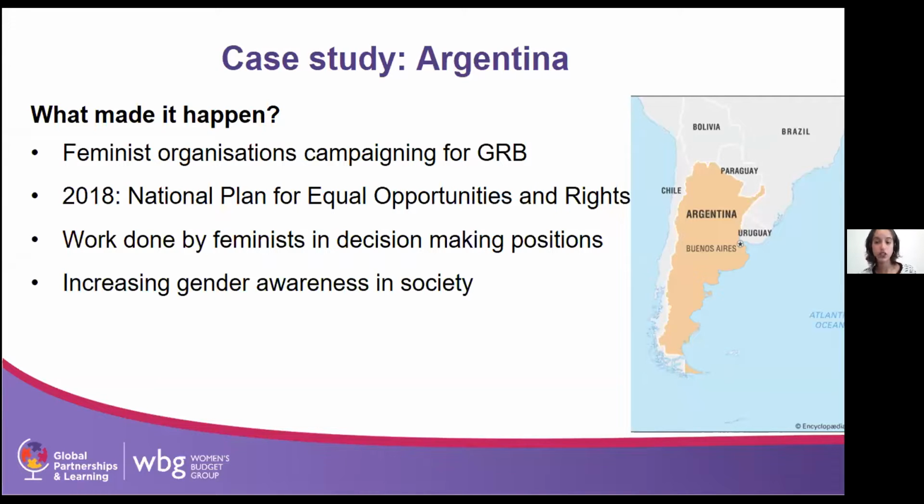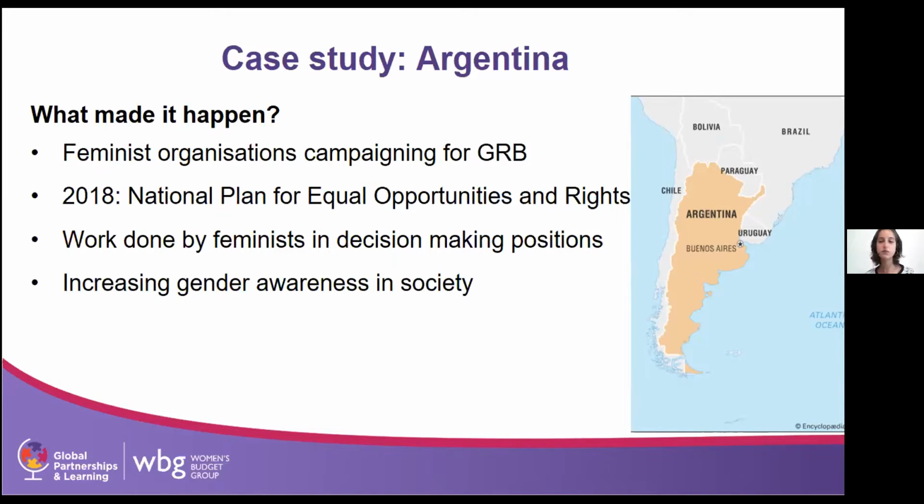Among other initiatives, it outlined a middle-term strategy to create a gender-sensitive budget at the national level. In the short term, it aimed to develop a methodology to measure expenditure with a gender perspective.